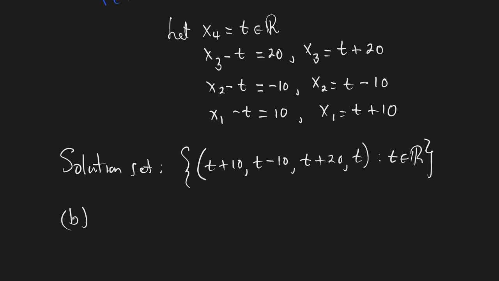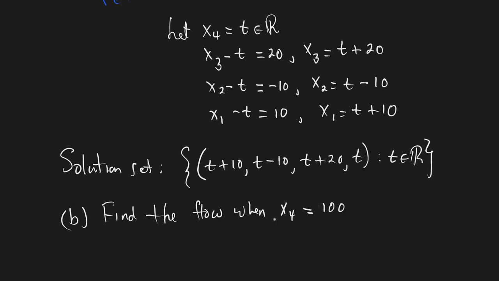Part B. Well, what could we do with the solution? Just to illustrate the idea, we did this previously: even though we realized that the system has infinitely many solutions, we could write down some specific ones. So here is part B. Find the flow when x4 is equal to 100, let's say.